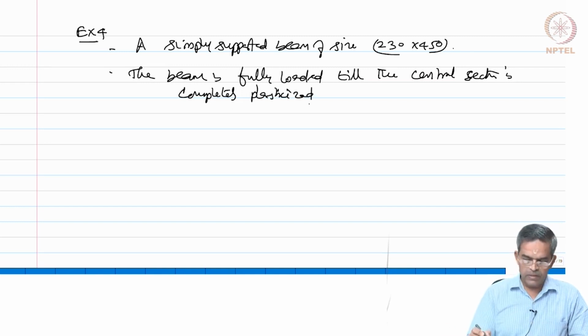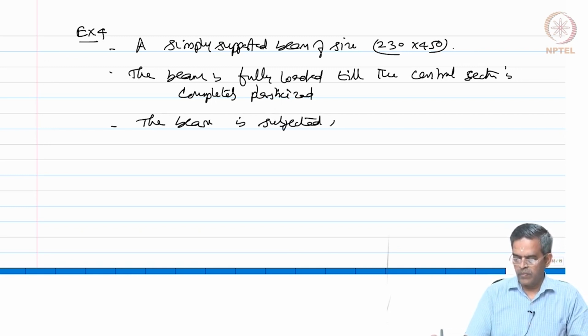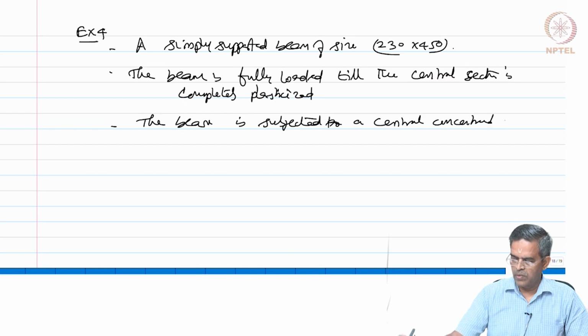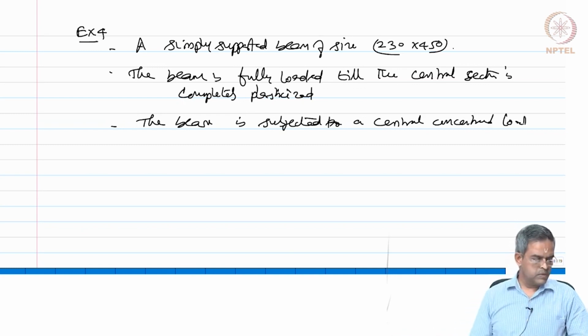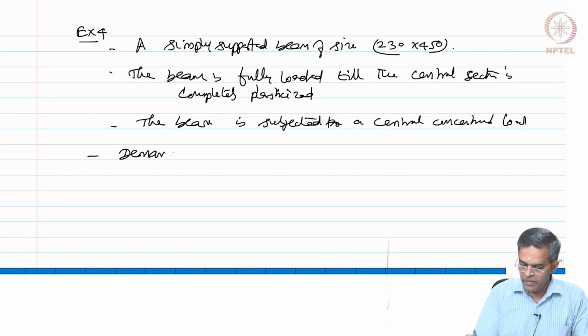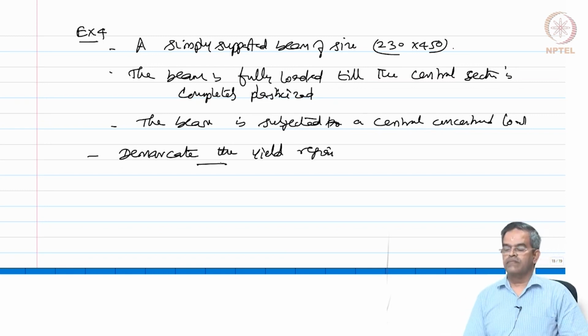The beam is subjected to a central concentrated load. What we want is to demarcate the yield region. That is the question. Okay.